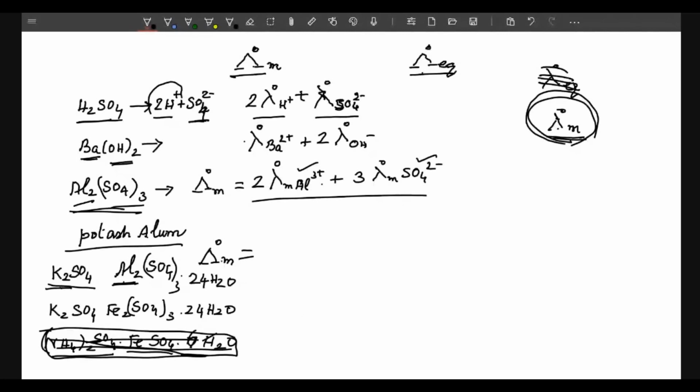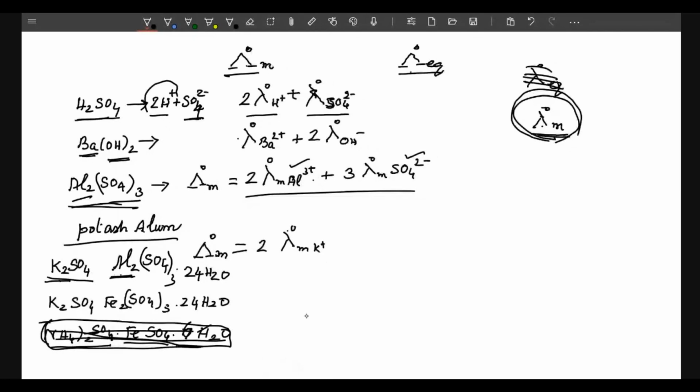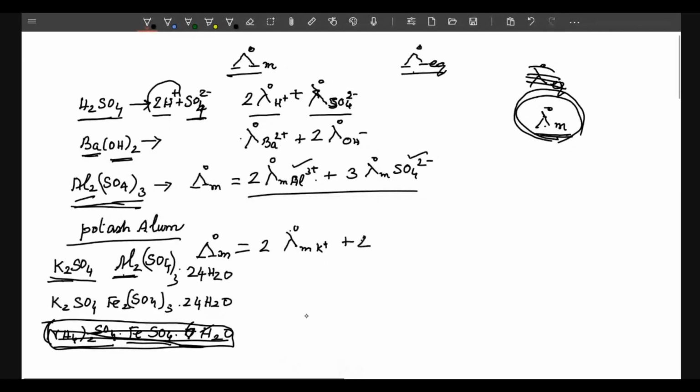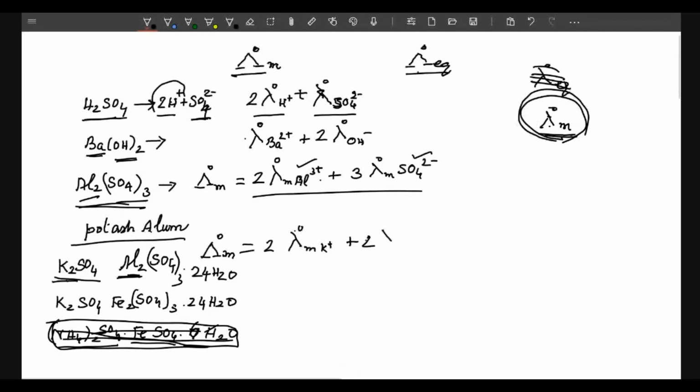Therefore, the molar conductivity is given by 2 into the ionic conductance of potassium ion at zero concentration, plus 2 into the molar ionic conductivity of aluminum at zero concentration, plus the remaining ion, 4 sulfate ions. 4 into the molar conductivity of the sulfate ion at zero concentration. This is the relationship between them.